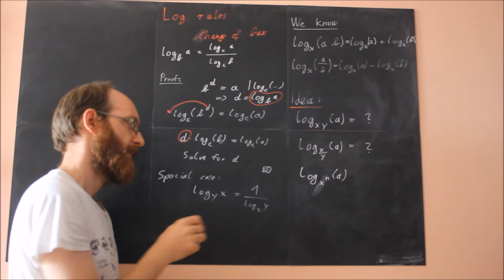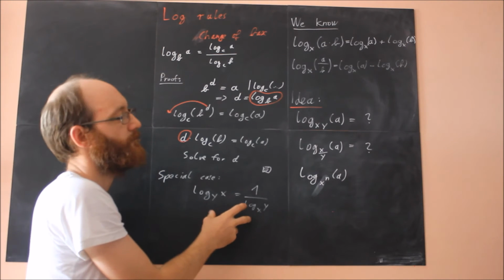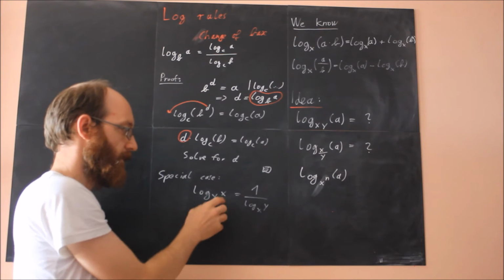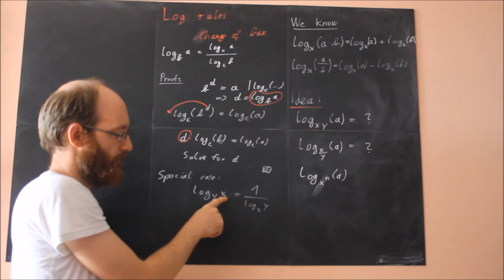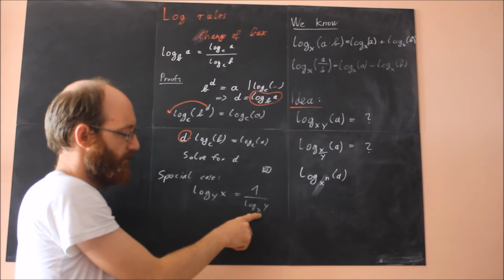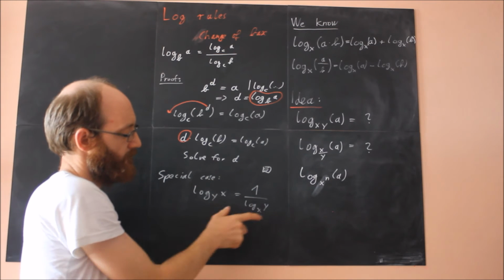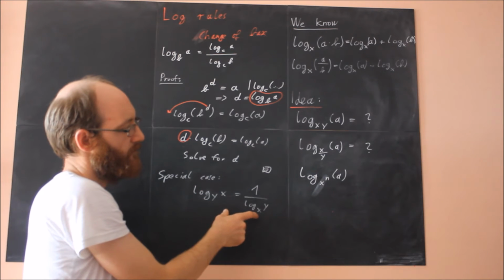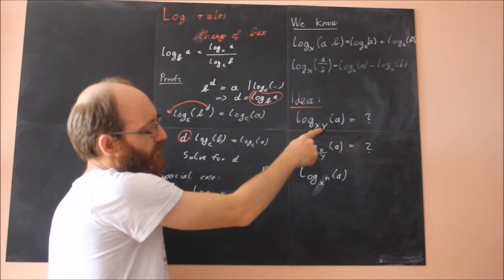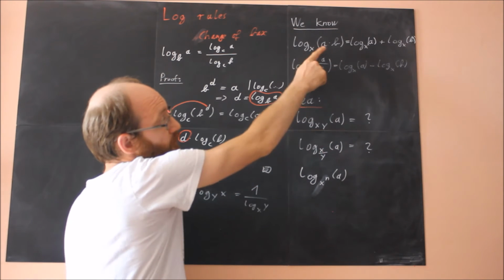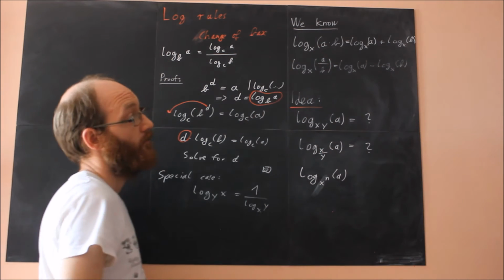This is exactly what we will use. You see, the argument of the log becomes the base, and vice versa. This rule should help, because here the base becomes the argument, and then we can apply our basic rule.